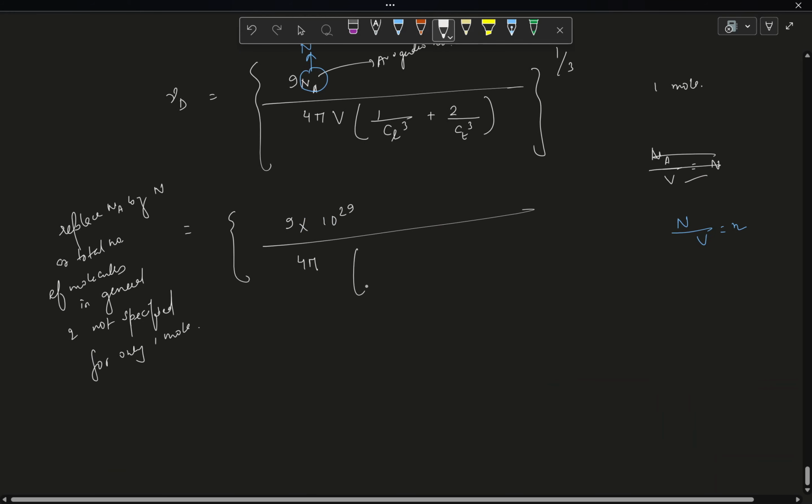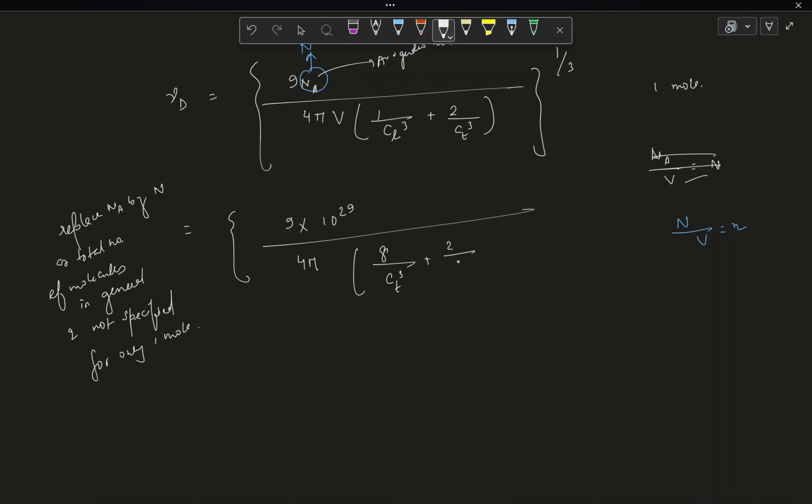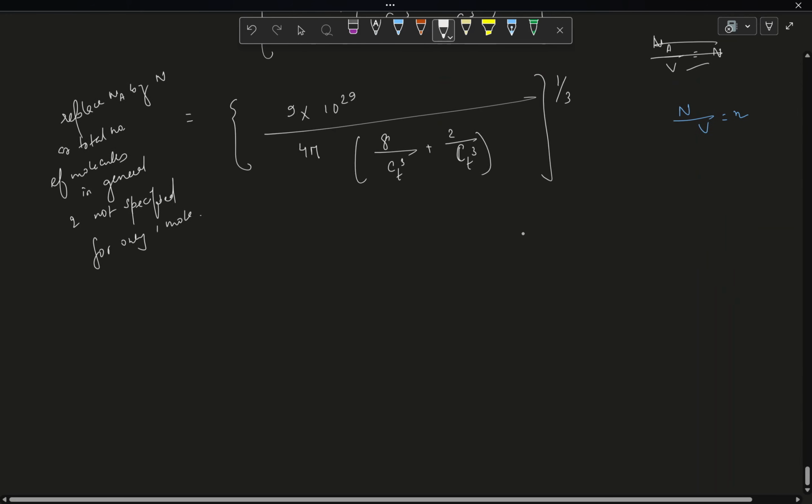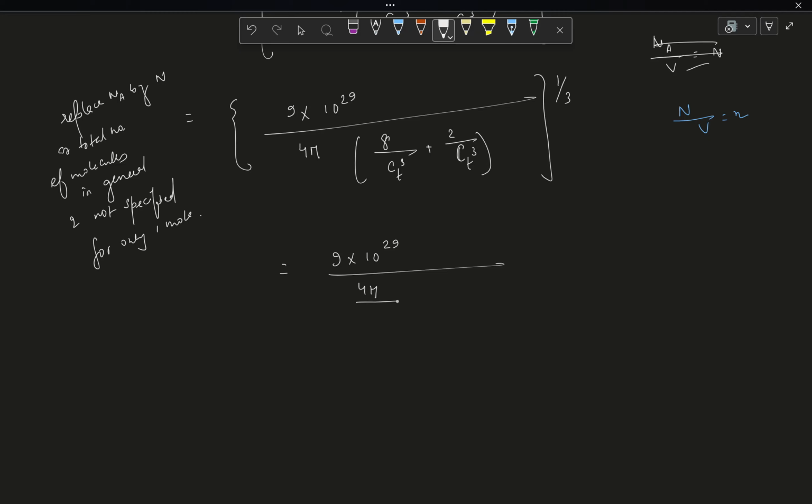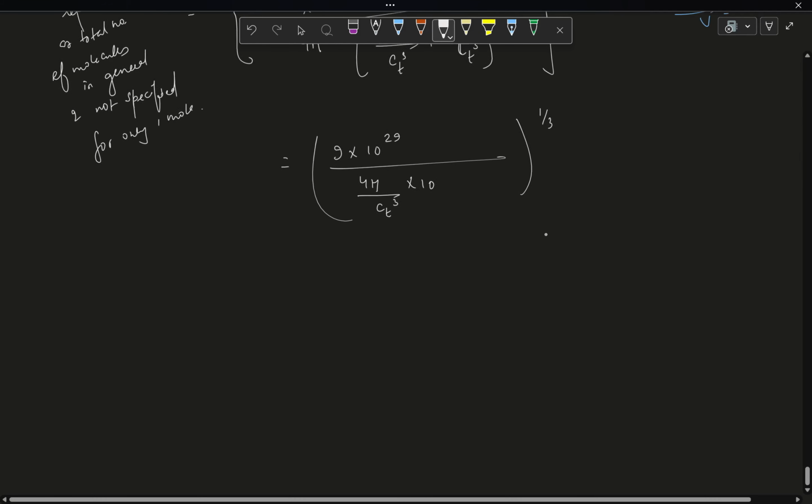So then 1 by CL cube is just 8 by CT cube, plus here it is 2 by CT cube, to the power of 1/3. And then this is just 9 into 10 to the power of 29 divided by 4 pi divided by CT cube, this into 10, to the power of 1/3.